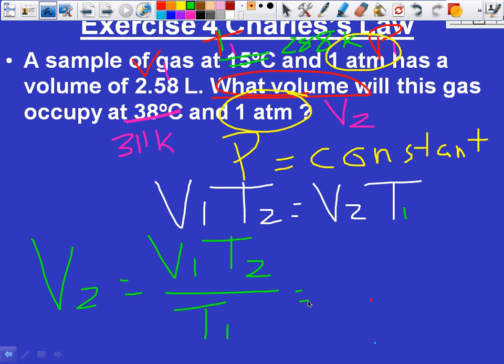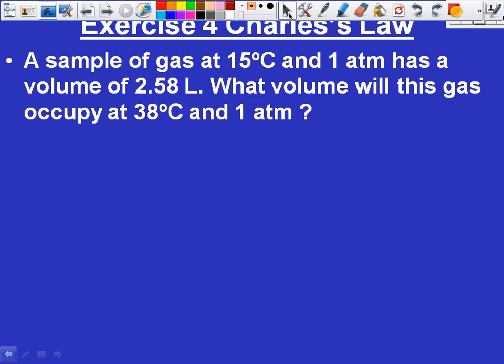And again, you can label all your variables and plug them in. Again, on test day, please plug in the numbers and show what you're doing here. I don't have the space nor the time to do it. And double check, make sure you get this answer. The answer I got was 2.79 liters. Double check that that is the correct answer you got as well.